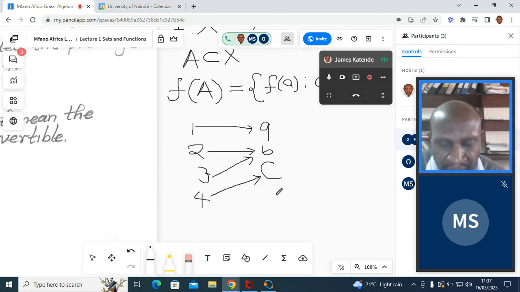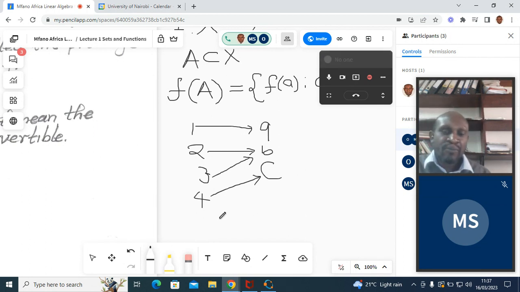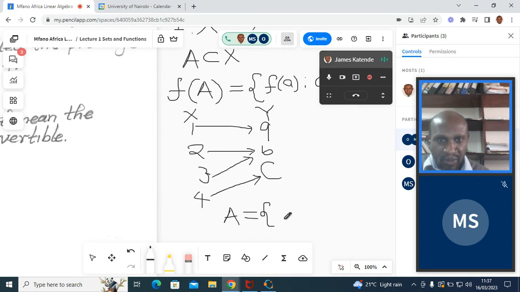Say 4 goes to C. So let's pick a subset of the domain. The domain was X and the codomain was Y. So let's pick just the numbers 2 and 3.